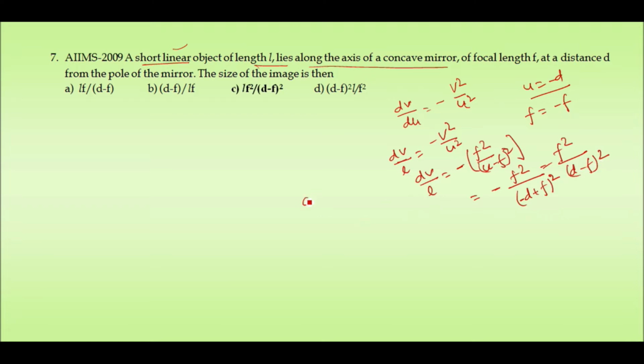So dv by L is equal to f square divided by d minus f whole square with a negative sign, and we get dv is equal to L into f square divided by d minus f whole square. Now we consider the magnitude only, because the negative sign signifies that the image is inverted with respect to the object.